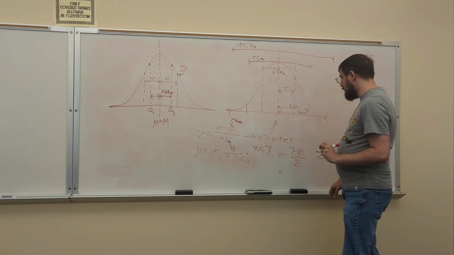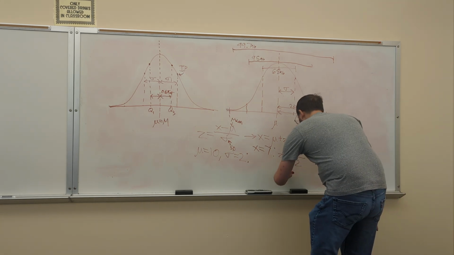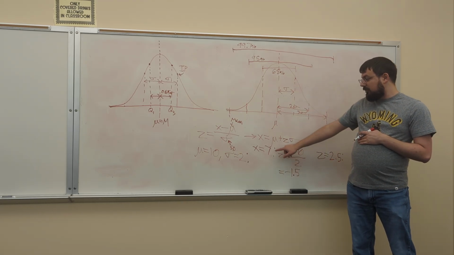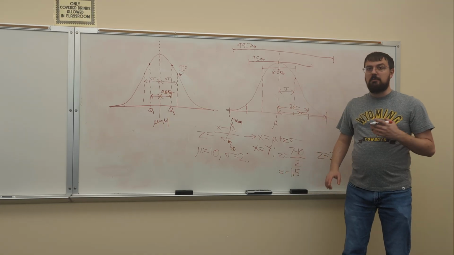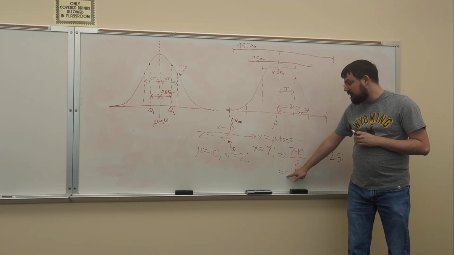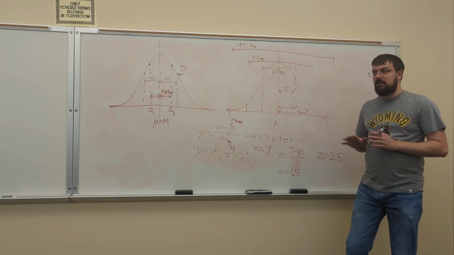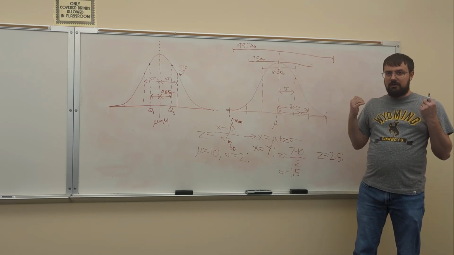And this is going to give us a z-score of negative 1.5. So what this tells us is that our data point, x equals 7, is 1.5 standard deviations below the mean. So if our z value is negative, we're dealing with values that are below the mean. If it's positive, we're dealing with values that are above the mean.